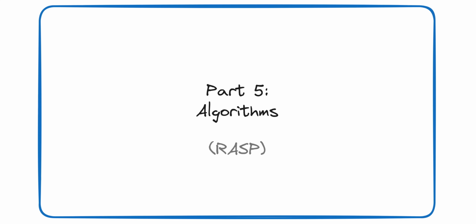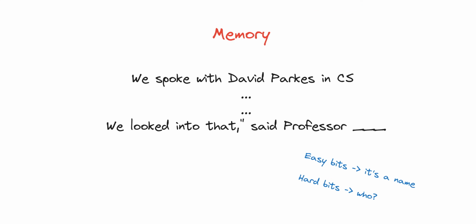Part 5, Algorithms. Let's jump all the way back to this question of memory. We discussed this example earlier in the talk, where we have a New York Times article that mentions a person's name and then later refers to him in the article.